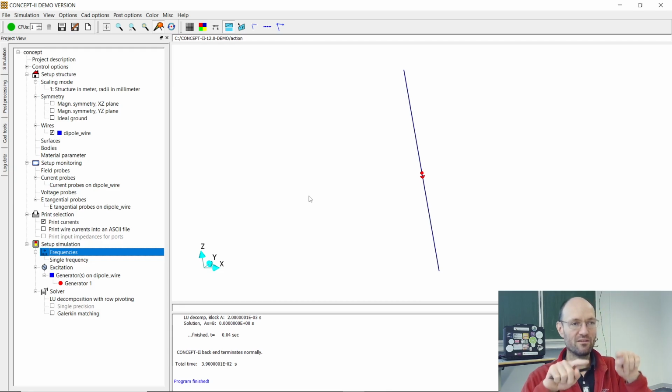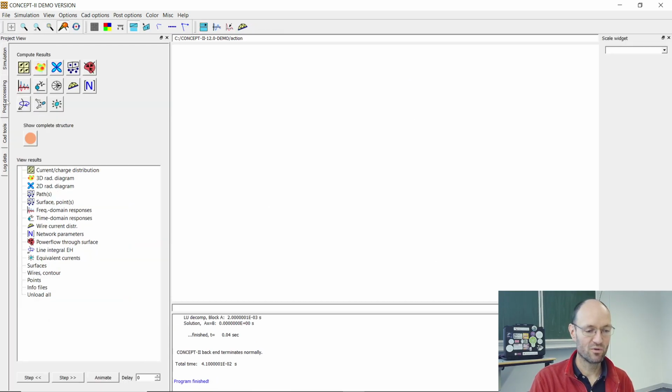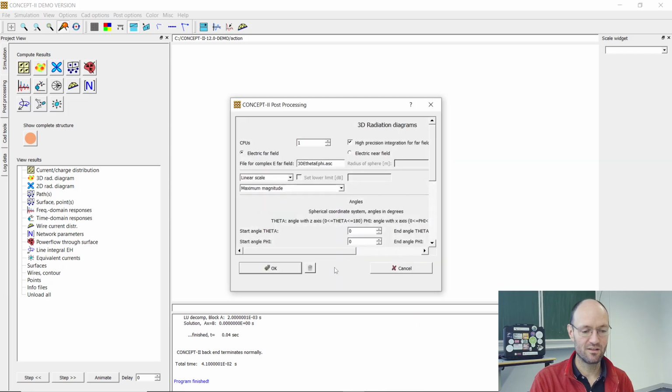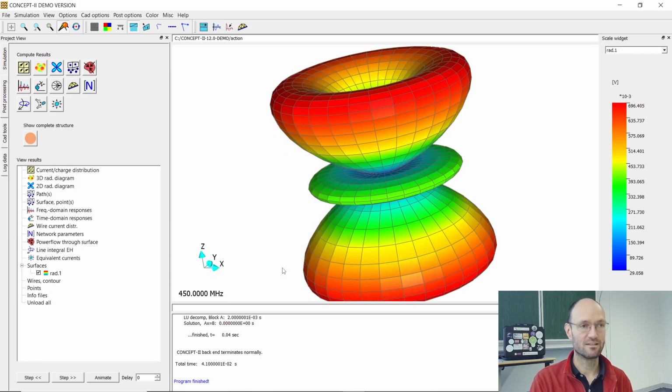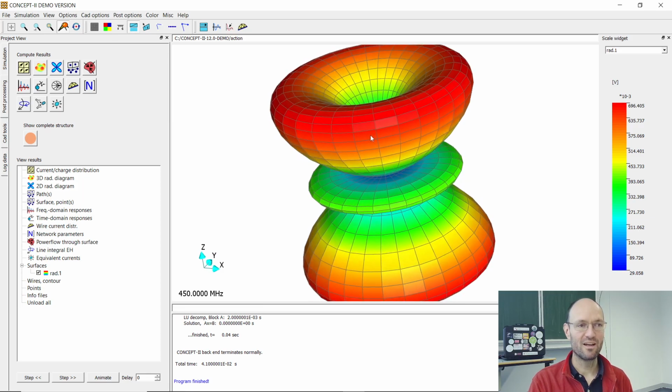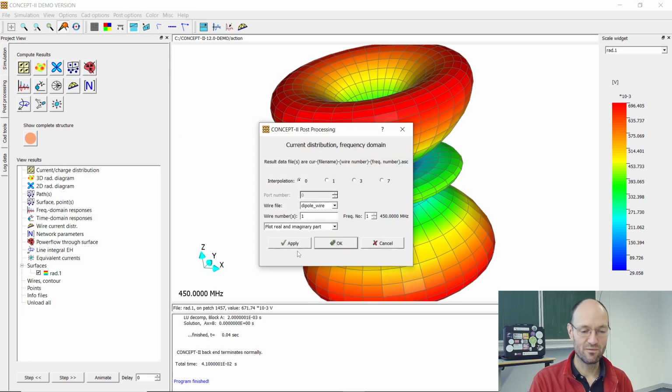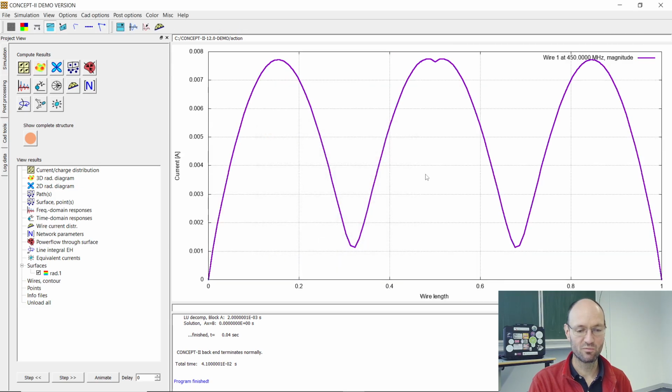where you had the multiple things going up and down along the wire, if I resimulate, what happens is that it looks like this. Remember, the current distribution looked like this one, many ups and downs.